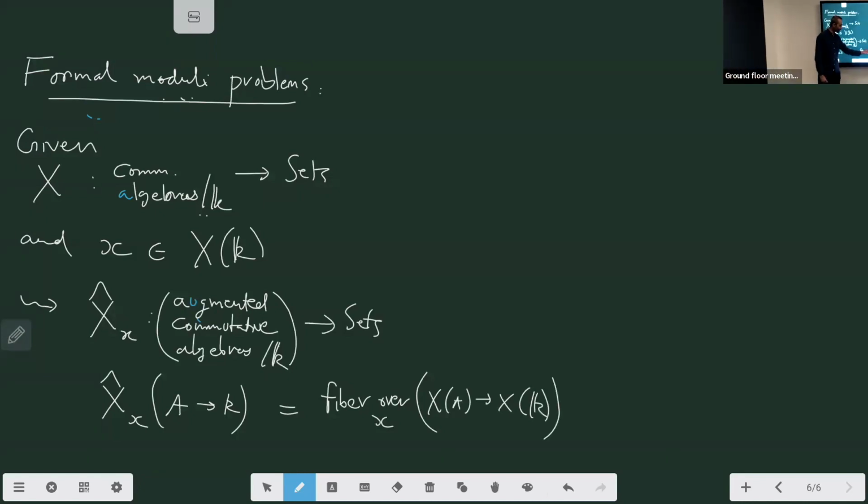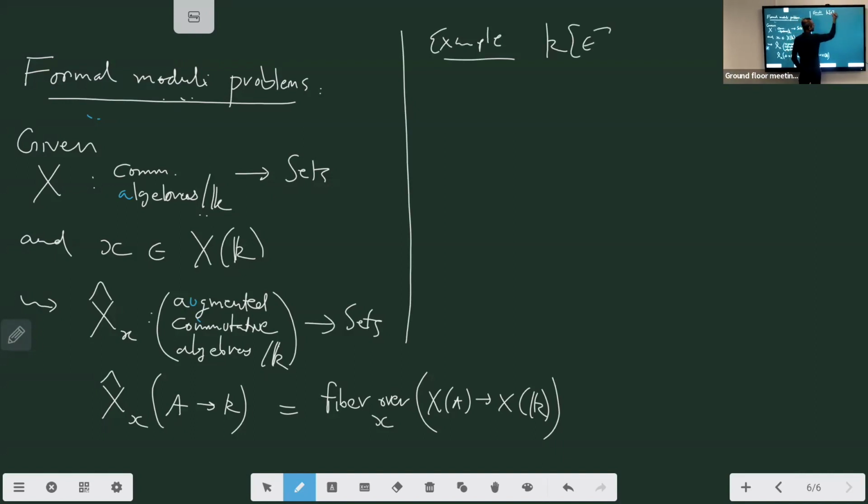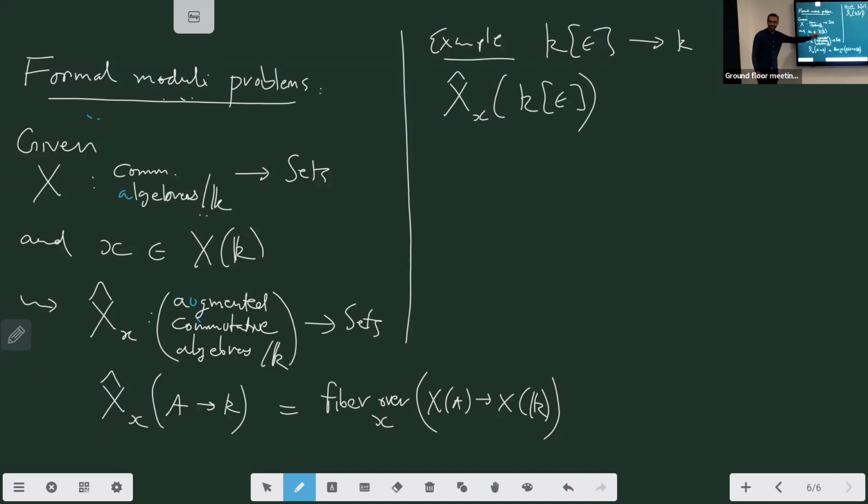I can look at all elements, all A points of X that map to the given k point of X. So we already encountered this once. We saw that if I look, for example, at k epsilon, which is augmented, and we saw that this fiber X hat at x of k epsilon, well, I fixed a point x in X of k that was fixing the point right at the beginning.